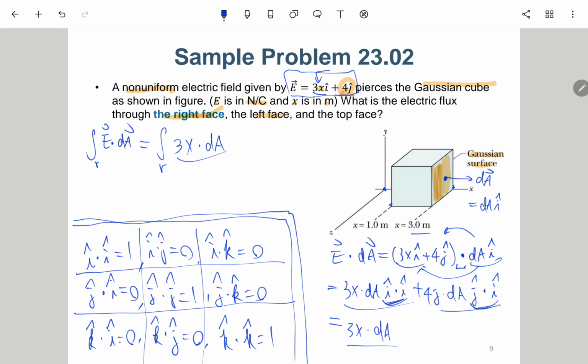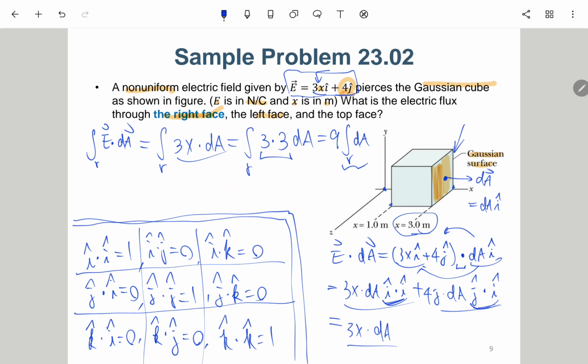For the right face, x is actually 3 m, so we are integrating 3 times 3 for dA. We are integrating a constant, so it turns out to be 9 times the integral of dA over the right surface, which is nothing but the area of this square.